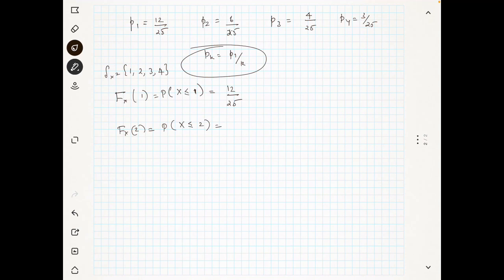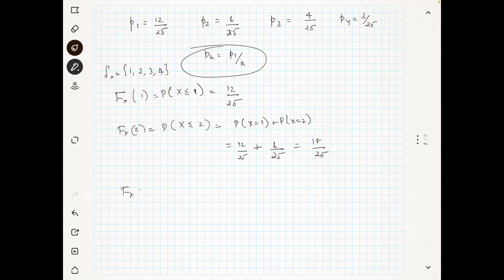Because p1 is there, you have to add p2 also. So the probability that X is less than or equal to 2 is the probability that X is equal to 1 plus the probability that X is equal to 2. So it is 12 by 25 plus 6 by 25, which you will get as 18 by 25.